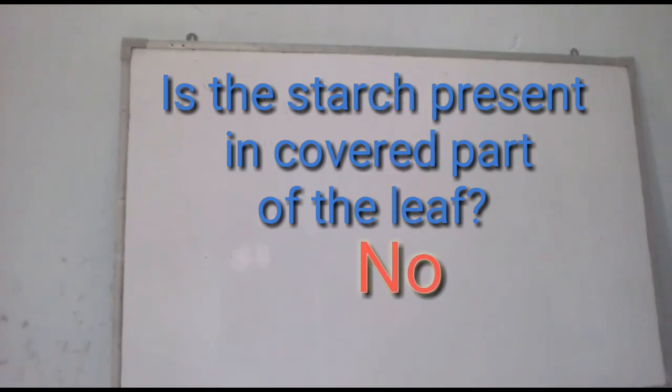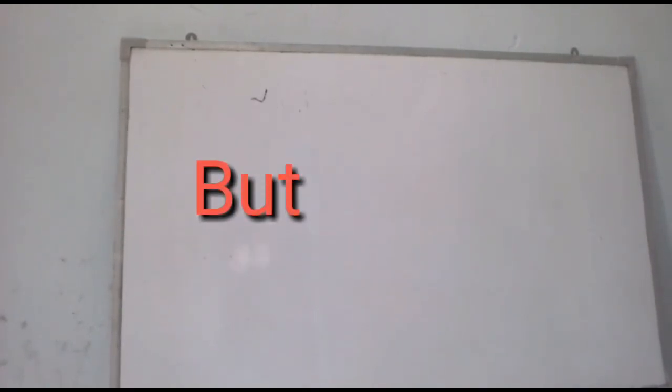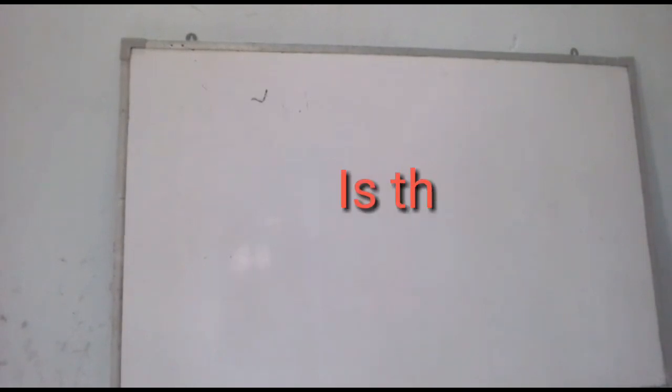No, starch is not present in the covered part of the leaf. But the uncovered part shows the presence of starch because that part trapped the sunlight and was able to make food, and that's why we find starch there.